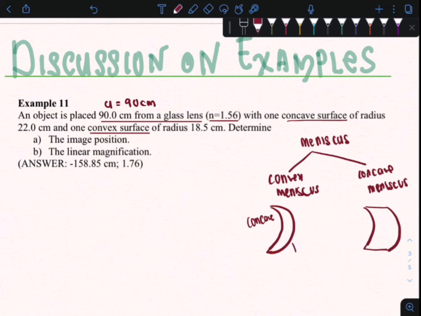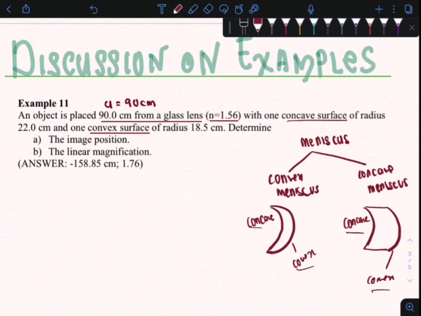Likewise for the concave meniscus, when you look from this side, it forms a concave surface, and when you look from this side, you get a convex surface. So when we have two types of surfaces, convex and concave, we call it a meniscus. The lens type is meniscus.